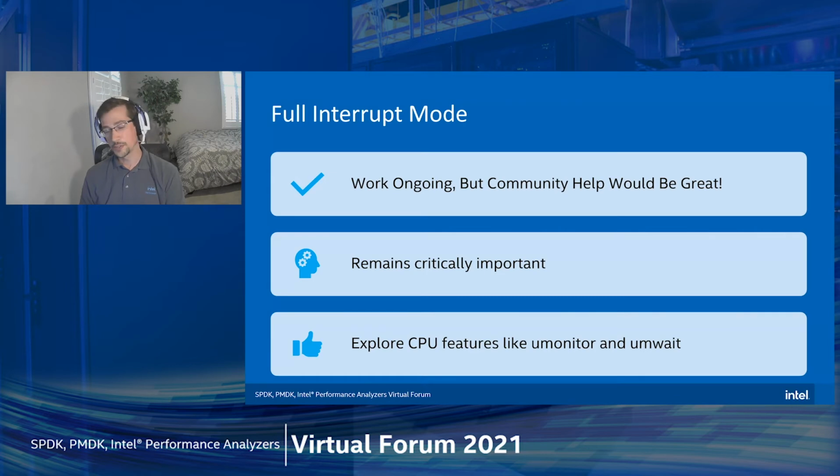And then we also need to explore alternatives to epoll, things like umonitor or umwait to put CPUs into low power states without necessarily releasing our time slice or making a system call, because this would allow us to wake back up much more quickly.